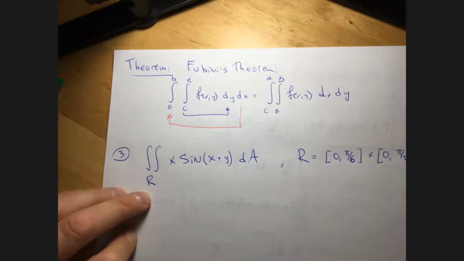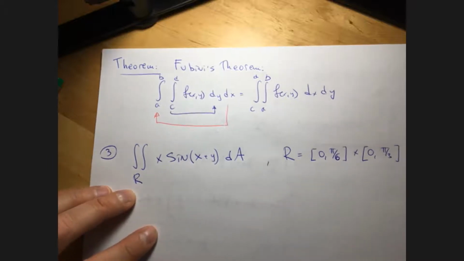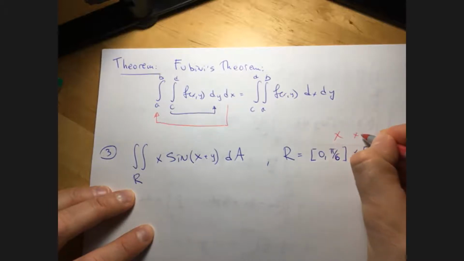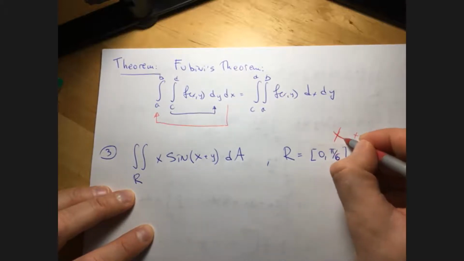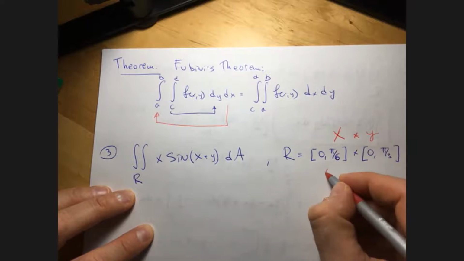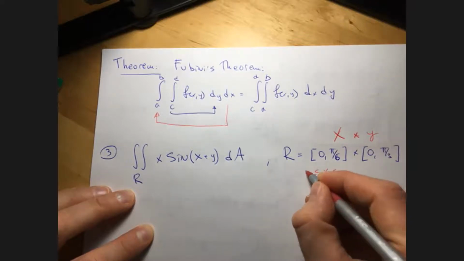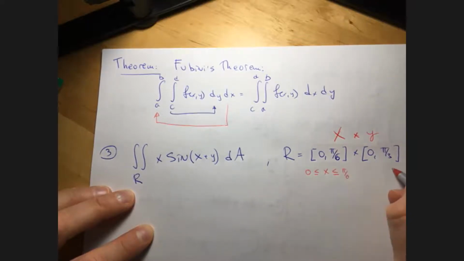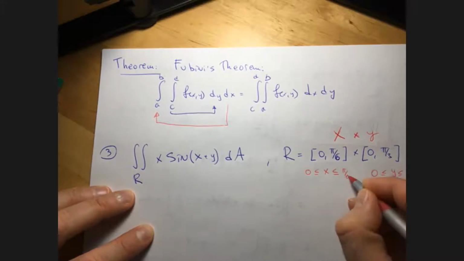Okay, how to read this region? It's always x times y. So that means that x is between 0 and pi over 6, and y is between 0 and pi over 3.